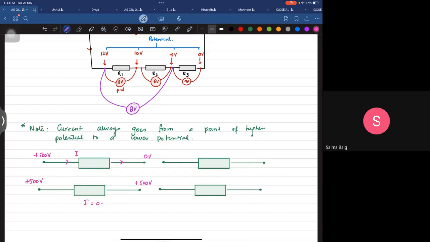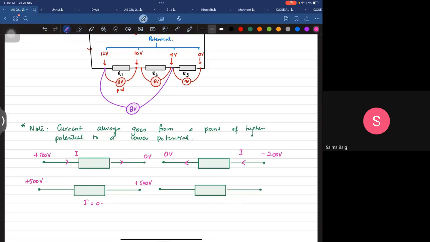So current cannot go if the potential always goes from higher to lower. Now, for example, if this is 0 volts and this is negative 200 volts, the current will go from 0 to negative 200, because 0 is higher potential than negative 200.